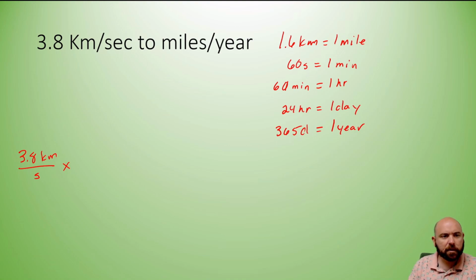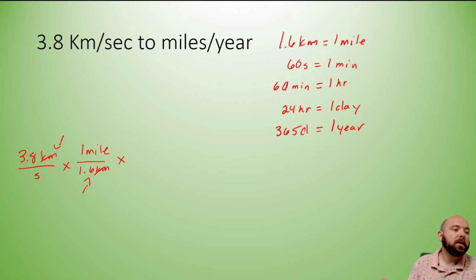We have kilometers in the numerator here, so we want it in the denominator to get it canceled out. We would prefer miles on top, and that's the way it works if we use the fact that there is 1 mile for every 1.6 kilometers. We have our kilometers canceled and our miles in the numerator, so that's taken care of.